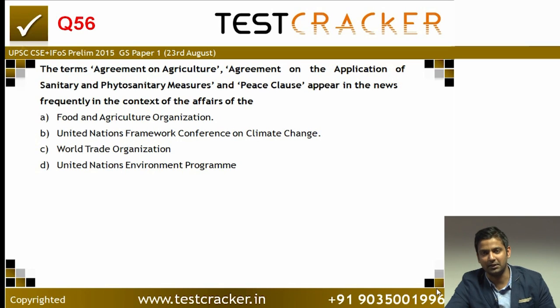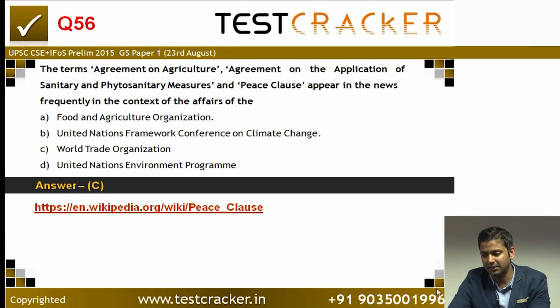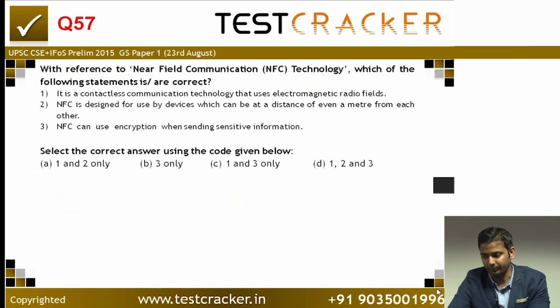We are one of the biggest countries, and we are a country of farmers. We need protection to be given to our farmers. We cannot continue with this extension of exemption by 2 years or 4 years. We need to have a permanent settlement on this, and therefore the answer is C, WTO.